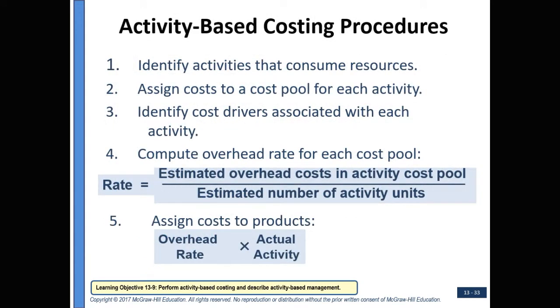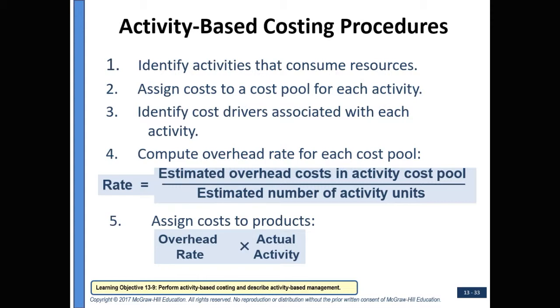Activity-based costing procedures include identifying the activities that consume the resources, assigning costs to cost pools for each of those activities, identifying the cost driver that is associated with each activity, and those could all be different cost drivers, computing the overhead rate for each of those cost pools.